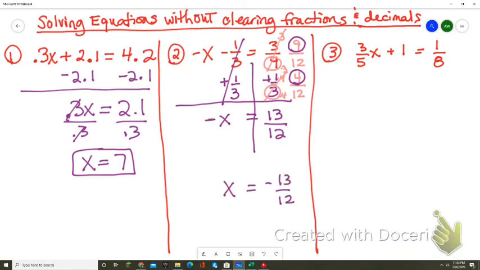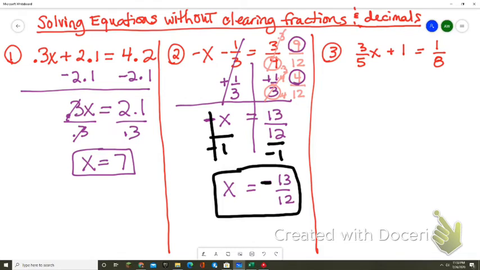If you have a negative on this side, you can make it positive if you make the other side negative. Because mathematically, if we divide both sides by -1 here, those negatives would cancel. X divided by 1 is x, and positive 13/12 divided by -1 is negative 13/12. So just watch your signs there.